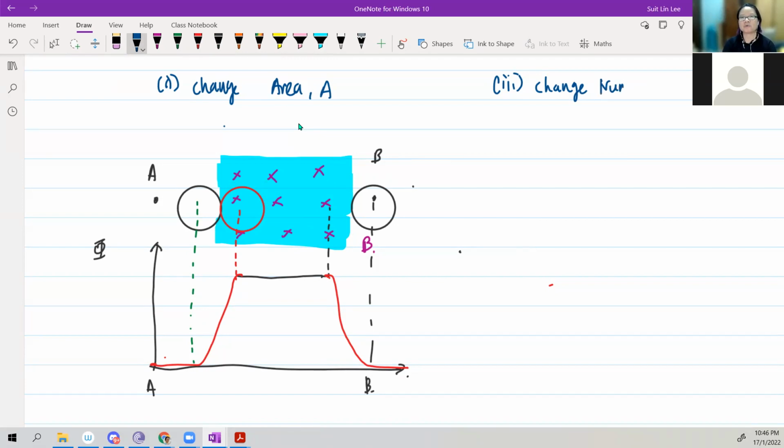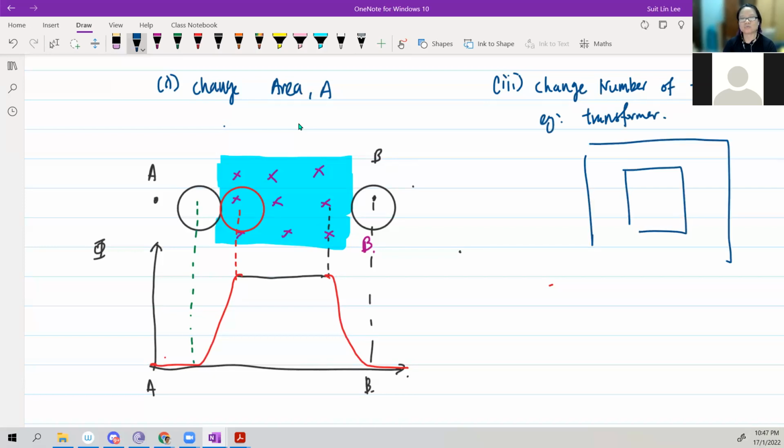We can change the number of turns. Think of a solenoid, e.g. a transformer. Your transformer sort of looks like this.